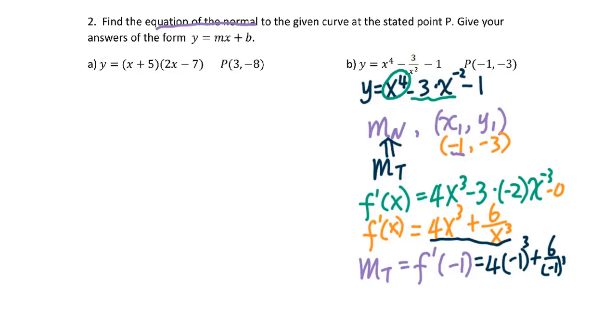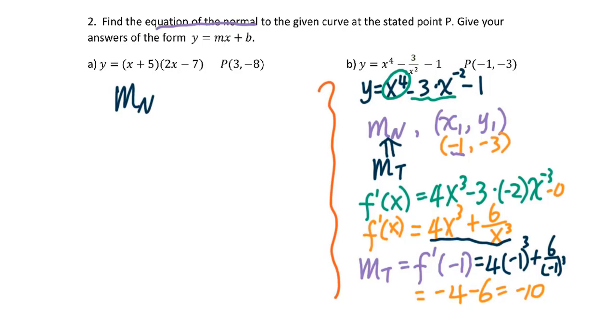All the powers give you negative 1. So you get negative 4 minus 6. You will get negative 10. Therefore, the slope of the normal line equals the opposite reciprocal, which will be 1 over 10.